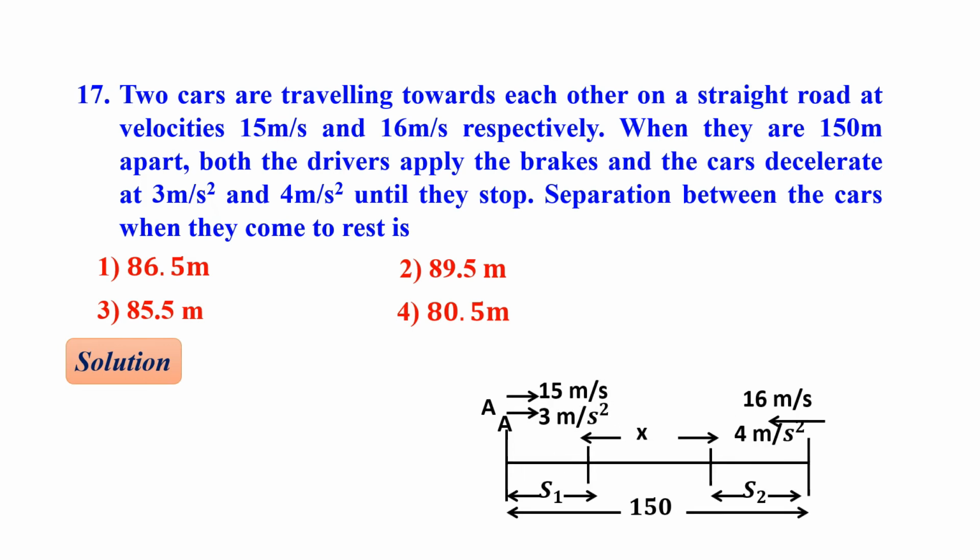See this figure, two cars are traveling towards each other on a straight road. Here, this is the distance between the two cars, 150 meters. Now first we should calculate S1, that is u square by 2a, and S2 is equal to u square by 2a.